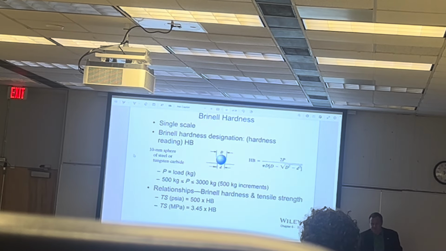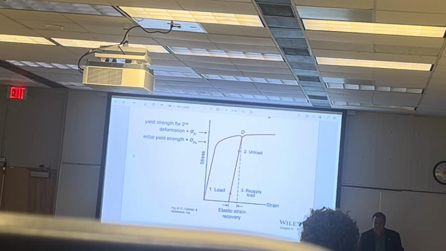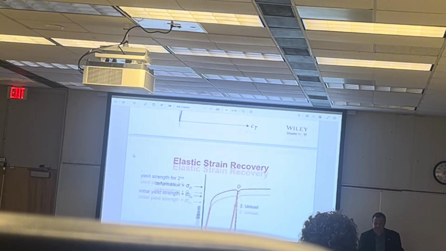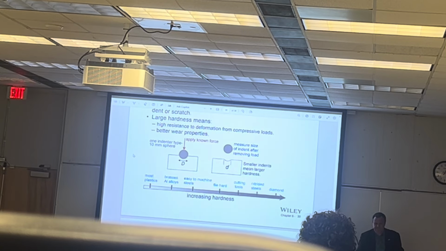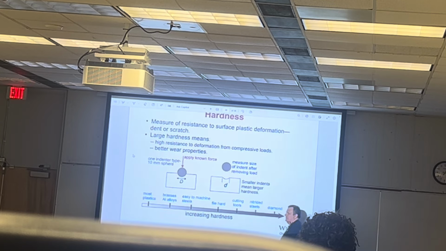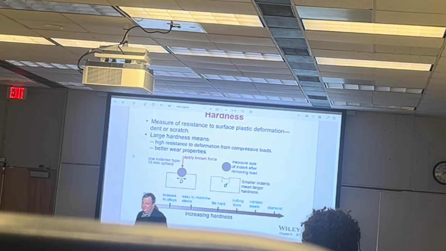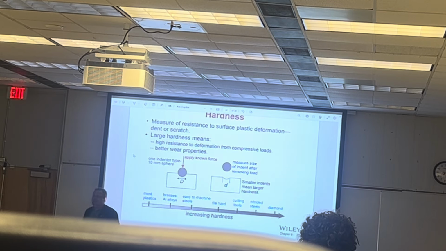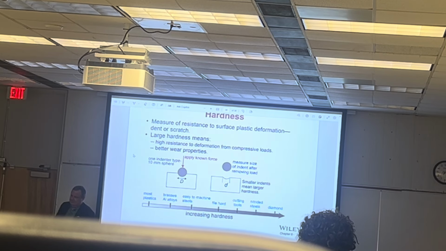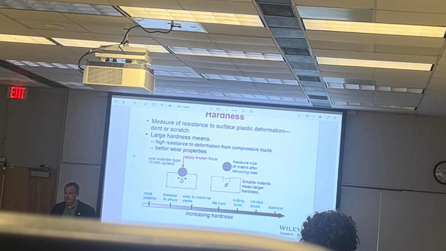And what's the definition of universal hardness? What do we measure? The load you apply. I mean, you can measure it, but you know how much load you put in.